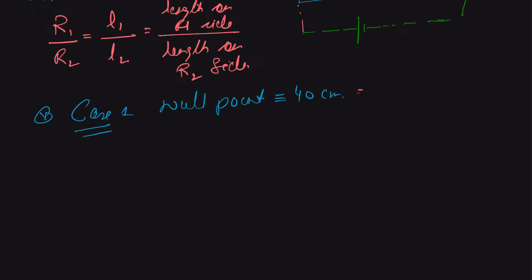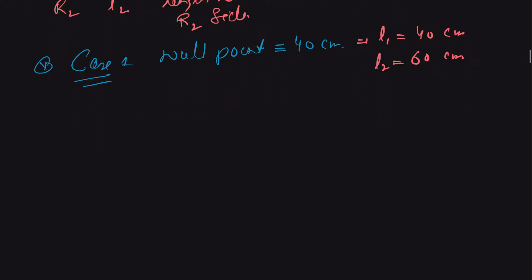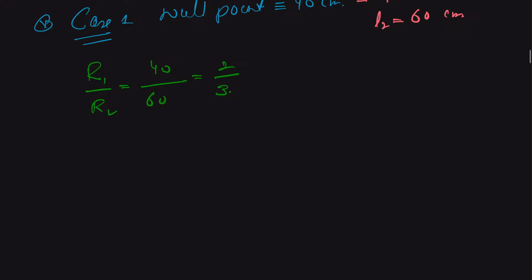Therefore, L1 is equal to 40 and L2 is equal to 60 centimeters, because the total wire length is 100 centimeters. So R1 upon R2 is equal to 40 upon 60, giving us 2 upon 3, and R1 is equal to 2 by 3 times R2. Let us call this equation number 1.